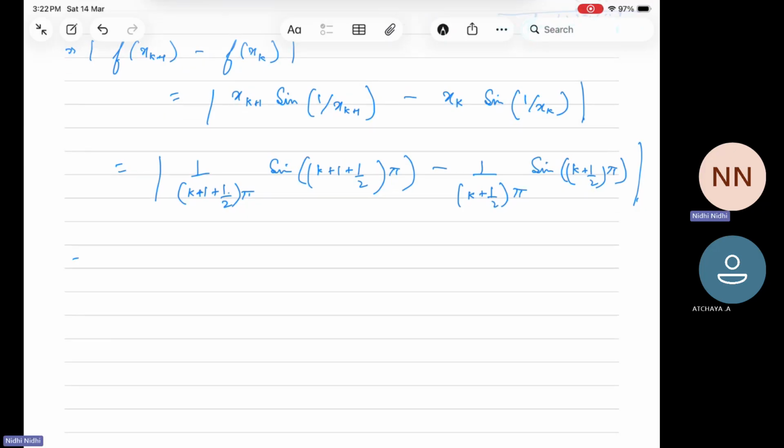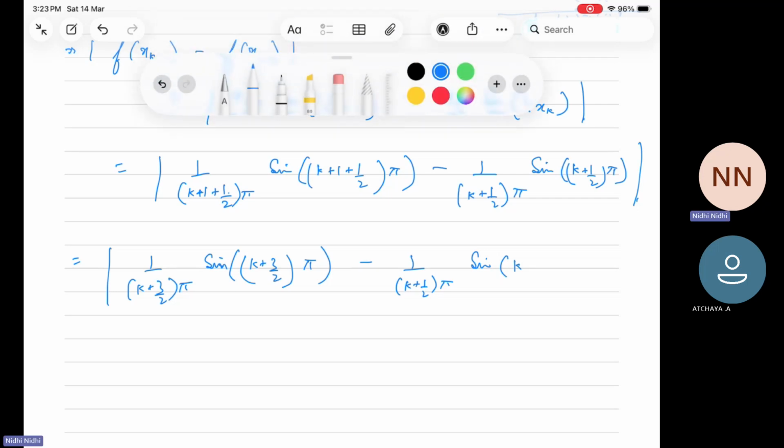So this is equal to 1 upon k plus 3 by 2 pi sine k plus 3 by 2 pi, minus 1 upon k plus 1 by 2 pi sine k.